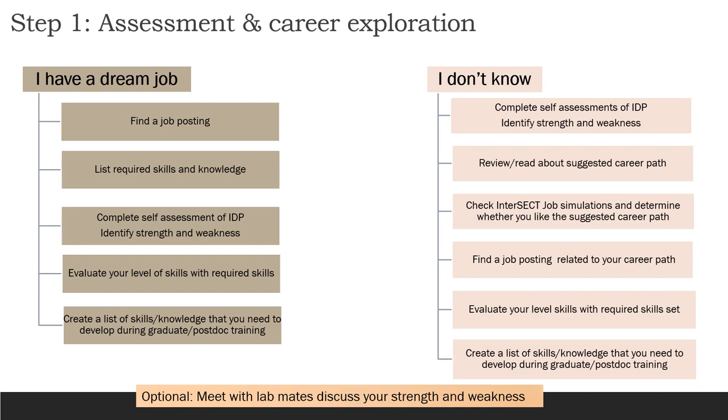In addition, in most IDP assessment tools, they suggest career paths based on your strengths and weaknesses. So read through all the suggested career paths, check the information available related to them, and decide whether you want to do that kind of job or not.